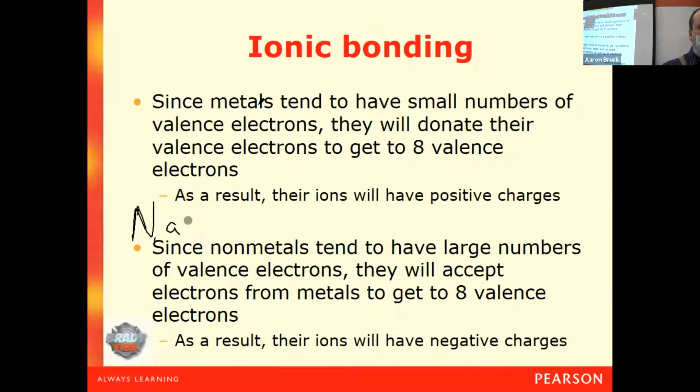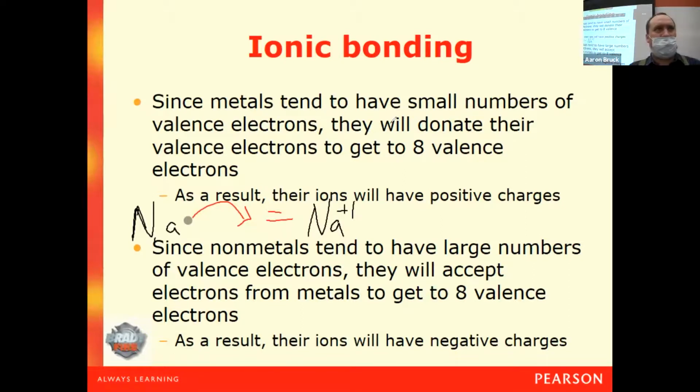If sodium were to give that electron away to, say, another atom, the end result would be a sodium atom with no valence electrons, but full energy levels underneath it, and a +1 charge because it gave away 1 electron to get there.